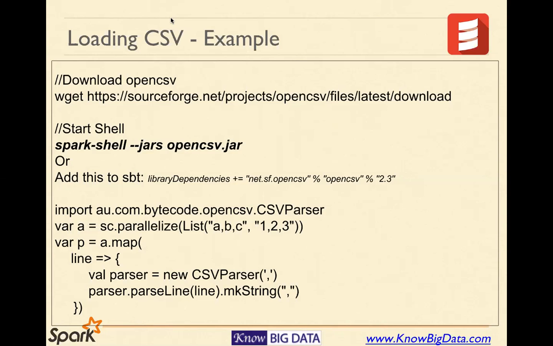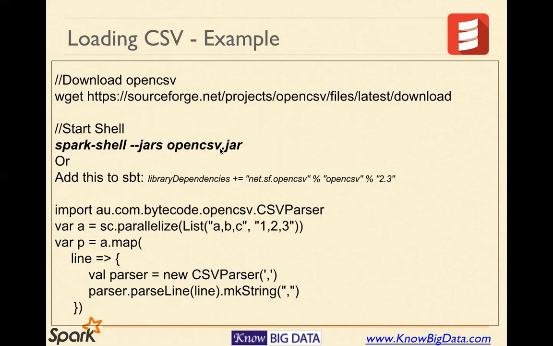Therefore, in these cases, we will just use OpenCSV. OpenCSV is a library in production for quite some time, and because it is in Java, we can use it in Scala directly. And how do we use it? First, we download it from here using wget. Once it's downloaded, rename it to something like opencsv.jar so that it looks nice.